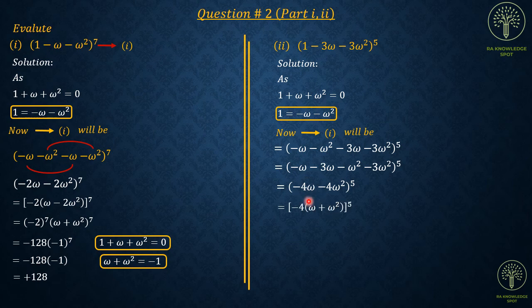You can take common -4, this will be omega plus omega square, and we are going to distribute the power. Now when you multiply 4, 5 times, you will get 1024, minus will be as it is. Why? Because of the odd power. Omega plus omega square, you can see the value here, that is -1. Again the odd power, when you multiply it will be positive 1024.